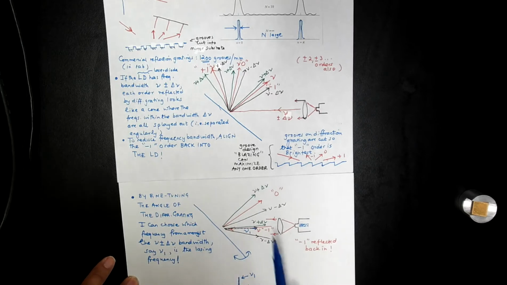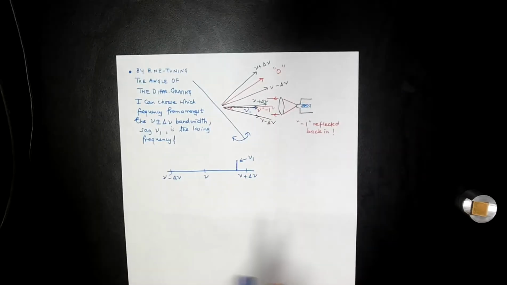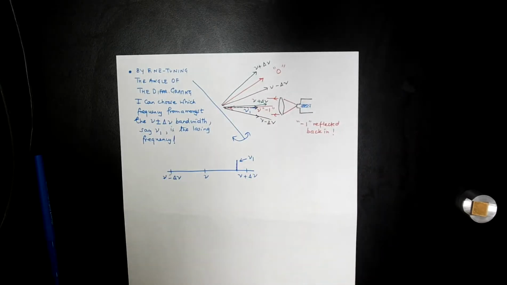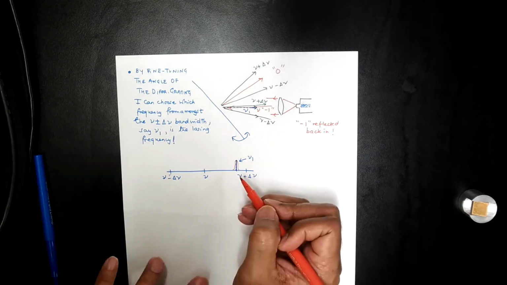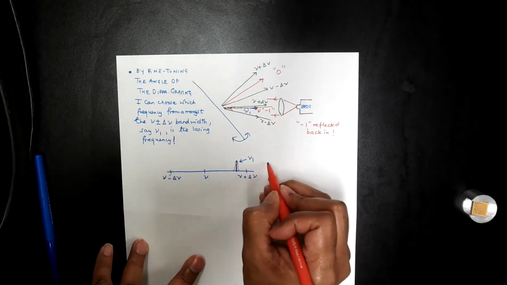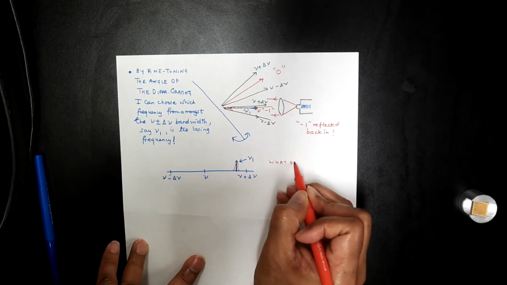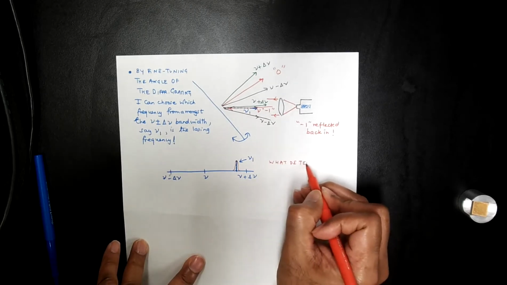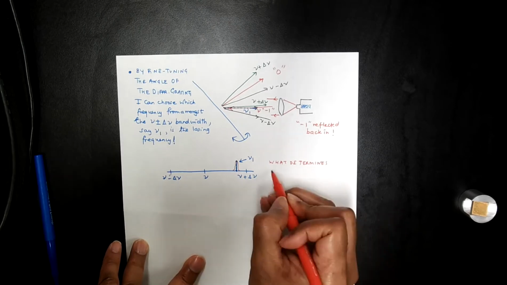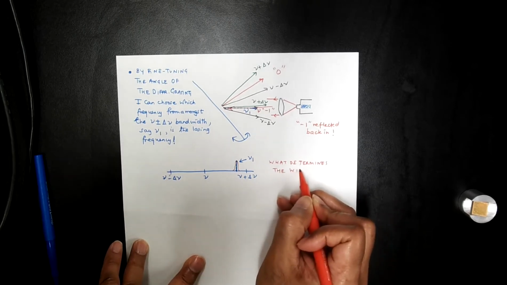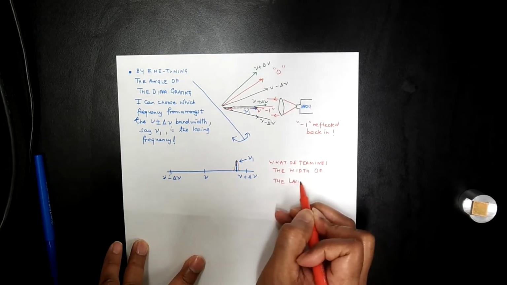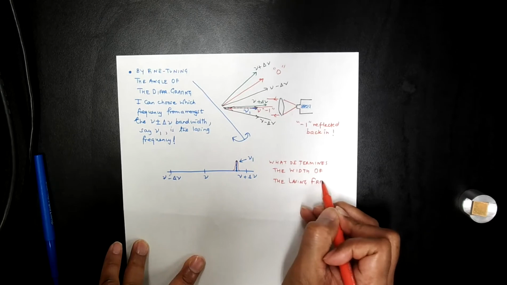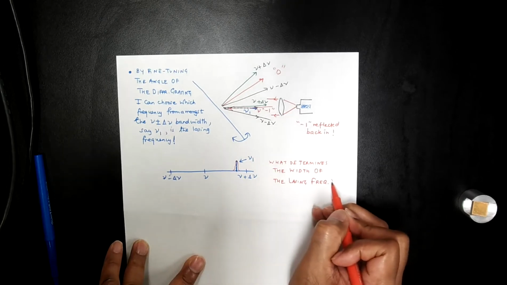And so nu 1 is the frequency. Now the question is, of course, nu 1 will have some width, right? I mean, nothing is a delta function. So the question is, what determines the width of the lasing frequency nu 1?